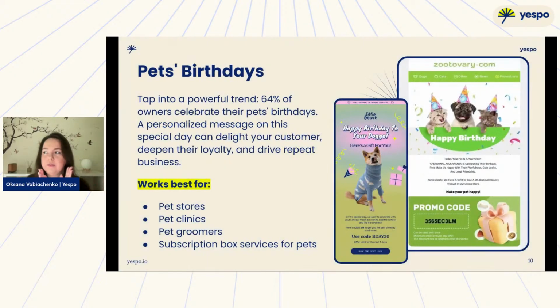For example, pets' birthdays. 64% of pet owners celebrate their pets' birthdays. If your products or services relate to pets, always ask for the date in the form. It builds loyalty. And this loyalty you can't buy with ads.